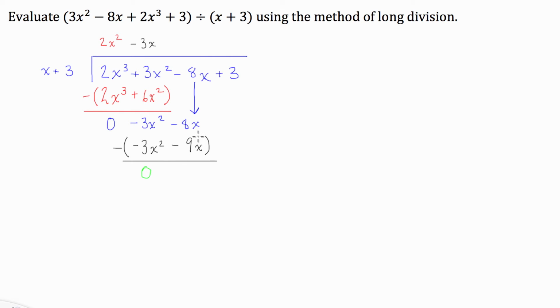Negative 8x minus, so plus 9x, is equal just to positive 1x. Cool. And then we're going to bring down the 3. Plus 3.